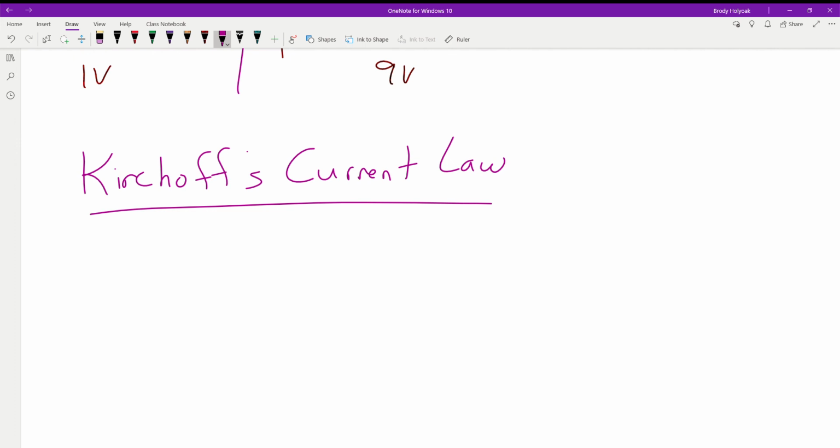But Kirchhoff's current law is current going into a node must equal the current leaving.